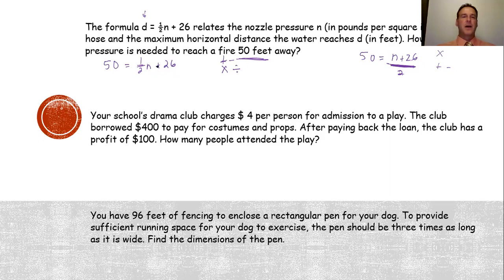Okay, so block this off and ask myself, how do I get rid of the 26? And again, the inverse operation of an addition sign is subtraction. Okay, and you're going to bring down the whole 1/2 times n equals 24. And then you have to ask yourself, how are you going to get n by itself?